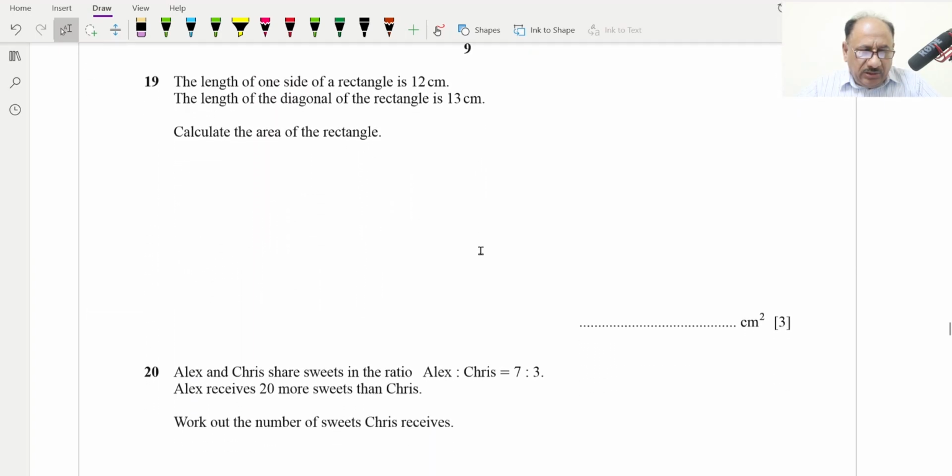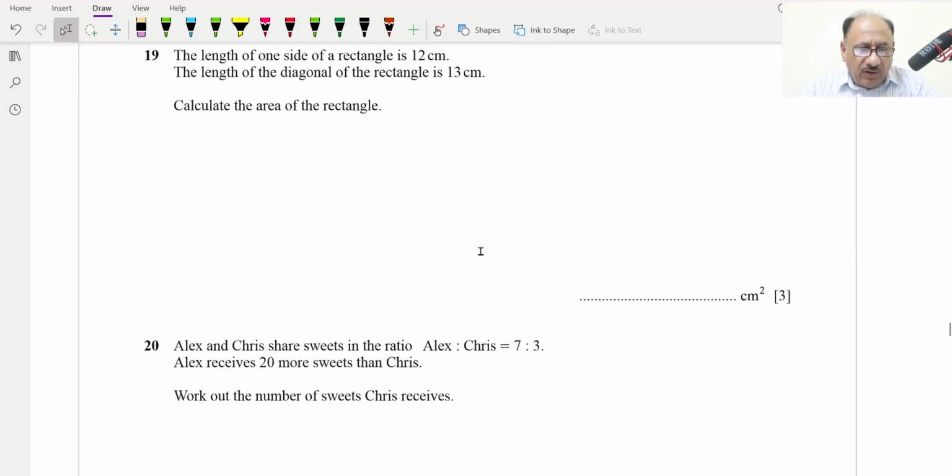Now question number 18. The length of one side of a rectangle is 12 centimeters. The length of the diagonal of the rectangle is 13 centimeters. Calculate the area of the rectangle. So for this one, we can roughly draw a small rectangle for your better understanding.